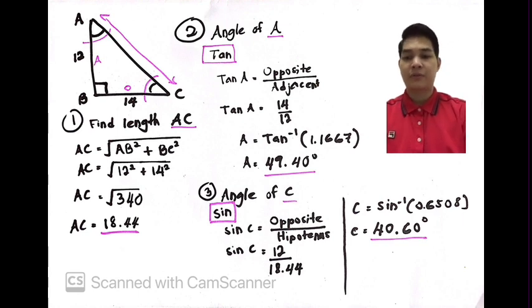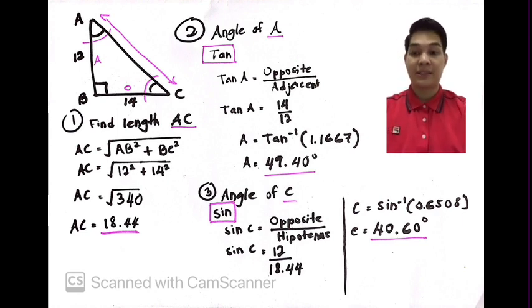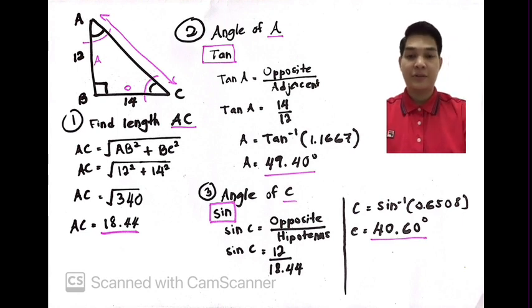So using the formula, AC equals the square root of the length of AB squared plus the length of BC squared. So the square root of 12 squared plus 14 squared. The answer we get is 18.44 for AC.